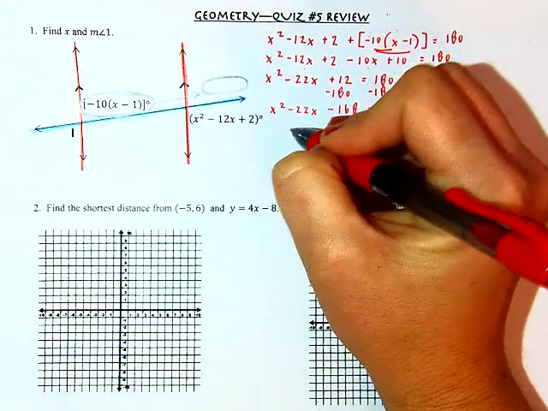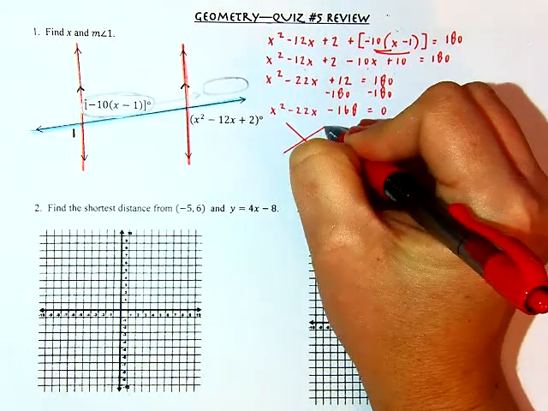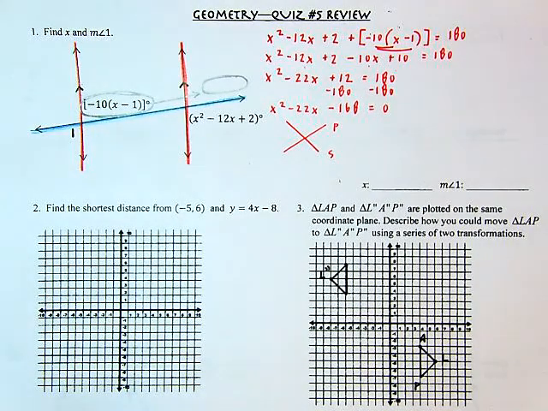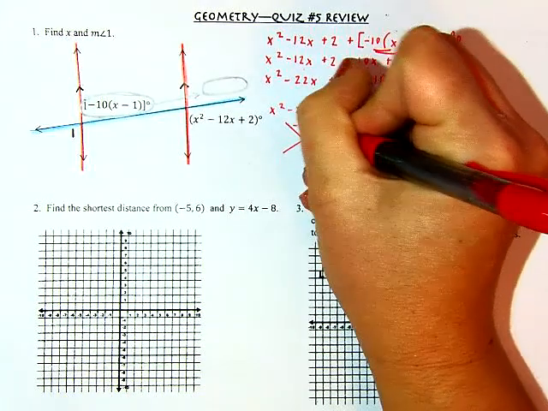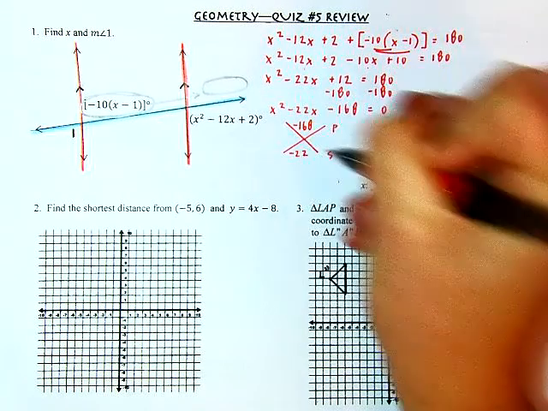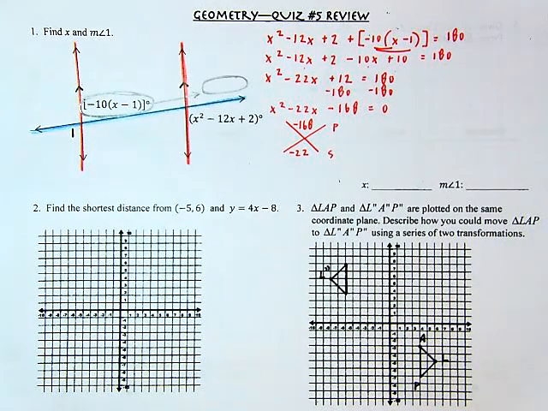So now what I'm picturing, I usually picture this in my head, but I know some people like to visualize it. So I'm picturing my product and my sum. What multiplies to negative 168 that adds to negative 22? So I probably run through my options. I usually try to keep in order as I do so.